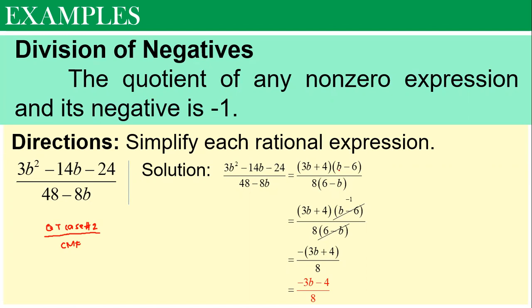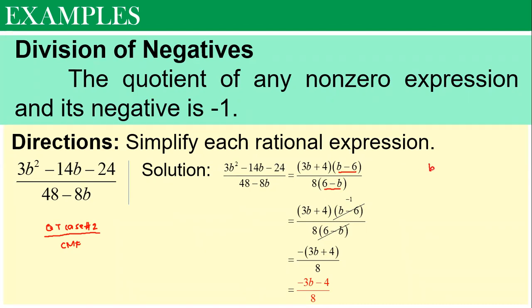Okay? As you can see, dito po, we have b minus 6. Pansinin po, this is b minus 6. And then on the denominator, we have 6 minus b. That is the division of negatives. So when you cancel out 6 minus b and b minus 6, it will be equal to negative 1.